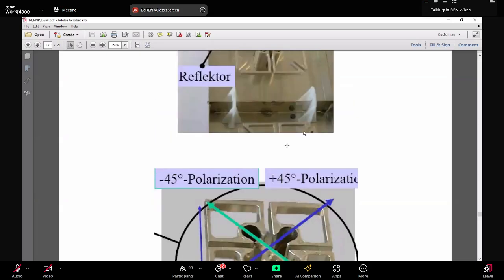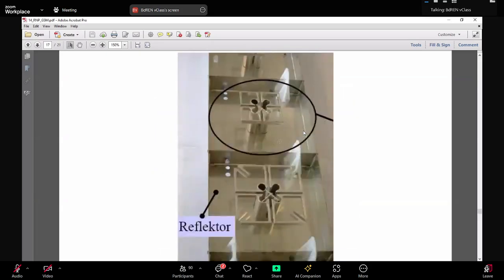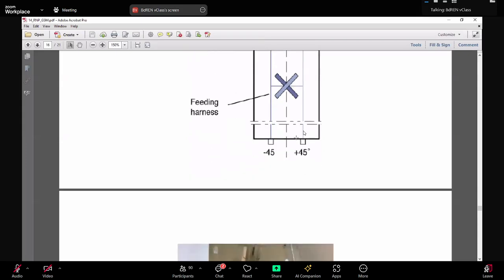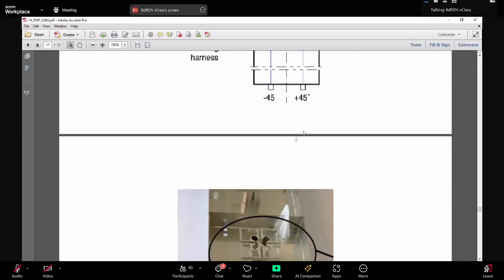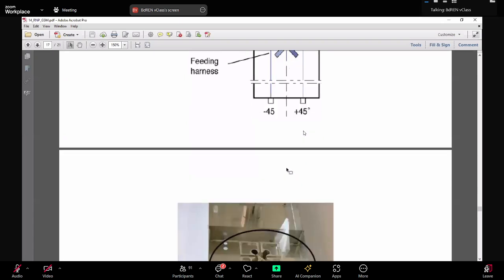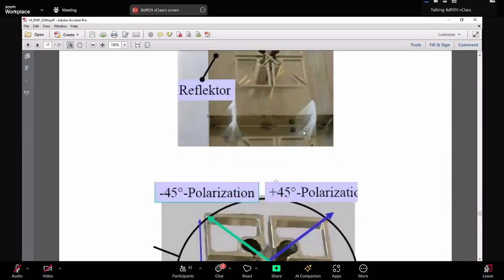This way you have elements in other parts of the casing, and then they all together are working as an antenna. But of course, leftwards tilted from one array, rightwards tilted from another array.